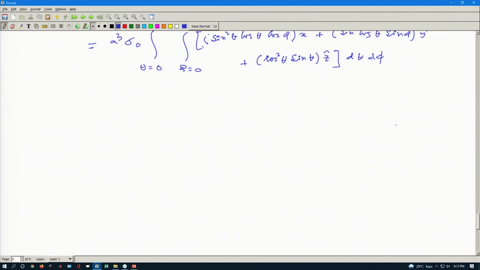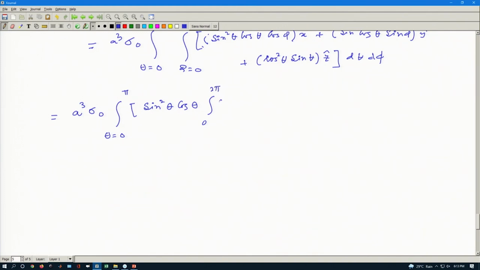I first need to calculate. Okay, let me do that. So a cube sigma 0, and if I do the integration for theta first, theta equal to 0 to pi, let us take sin square theta cos theta out, and I do the integration for phi only.